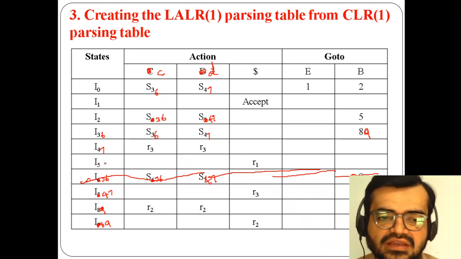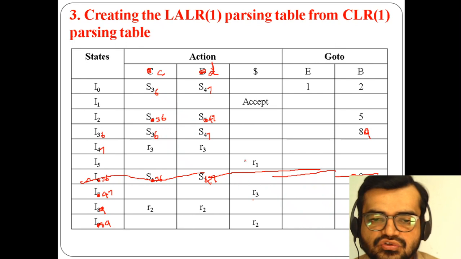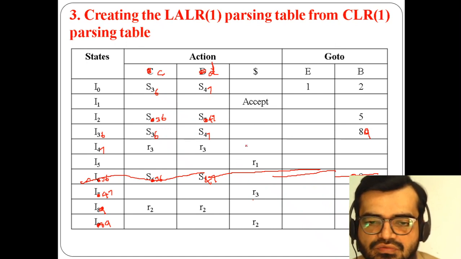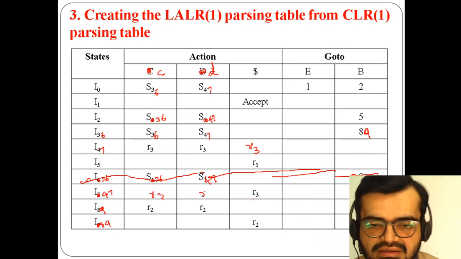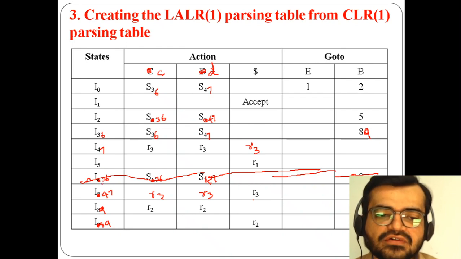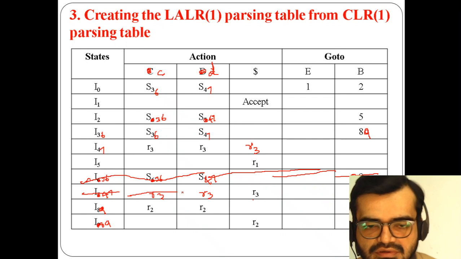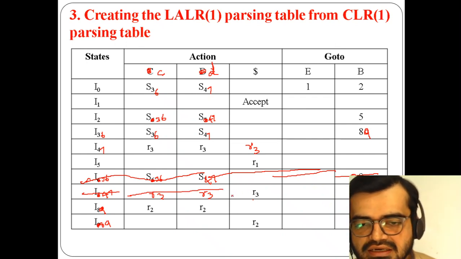Now in I47, what happens is that R3 is there, and here R3 is there. So after merging, it becomes R3, R3. Okay. So here you may find that I47 and I47 are the same. So I'm deleting this I47.